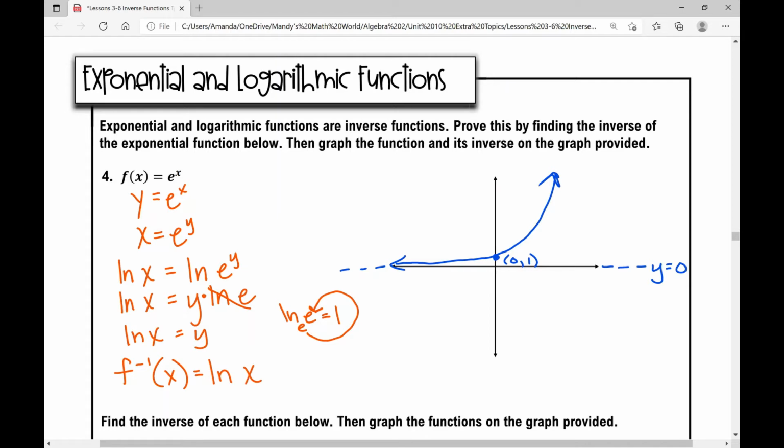And if I'm going to graph the natural log of x, I know that I have a vertical asymptote, and that vertical asymptote is x equals 0. The key point on my logarithmic function is right there at (1, 0), and it's going to take this shape right here. And it's going to look just like that.